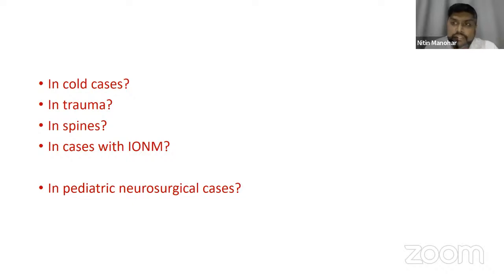In pediatric cases, if you anesthetize 1 year, 2 years old pediatric neurosurgical cases, do you still use TIVA, Dr. Mayank? You're muted, Dr. Mayank. If you can unmute yourself. Actually, sir, in pediatric cases, yes, we are using TIVA. Definitely, I am using it.